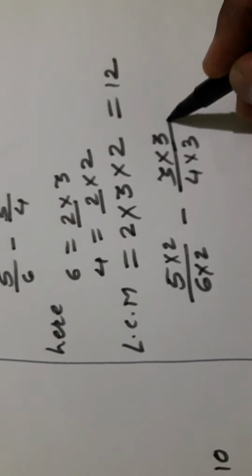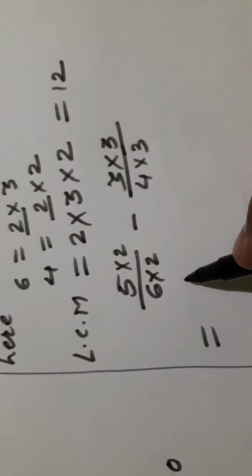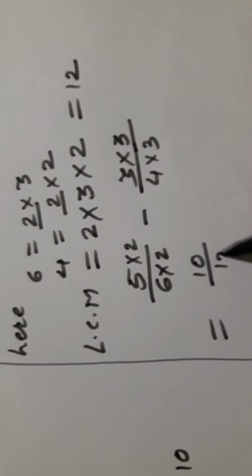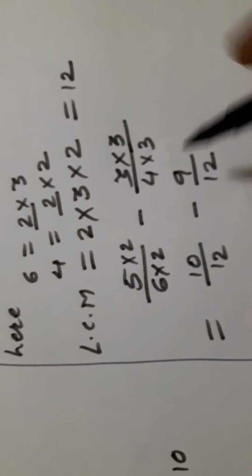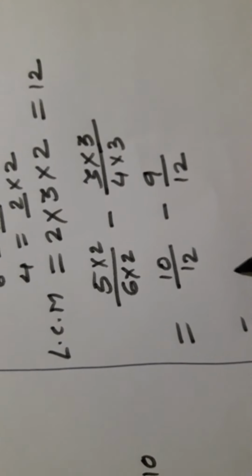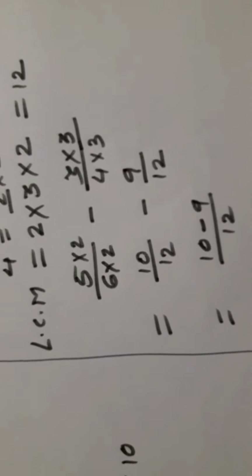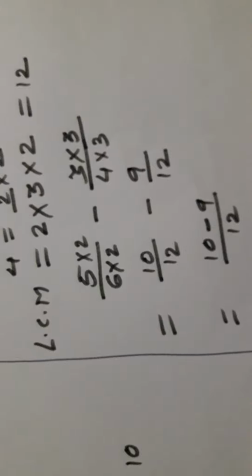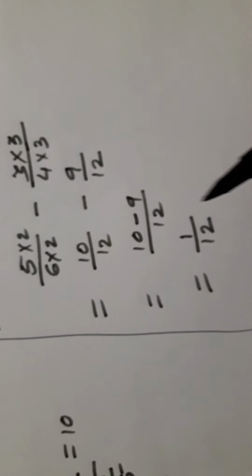Here also multiply by what? 3. 5 into 2, 10 divided by 12, minus 3 into 3, 9 divided by 12. Same denominator, subtraction is there, so subtract 10 minus 9 divided by 12. 10 minus 9, 1 upon 12. We got the same answer, 1 upon 12.